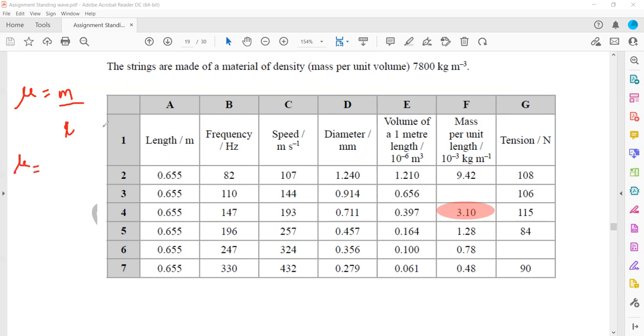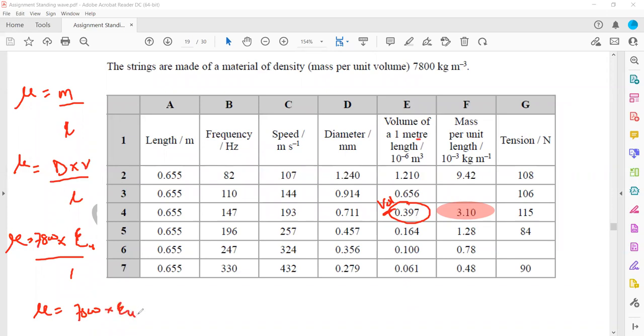We know the density multiplied by volume and divided by length. If you check, this is a volume of 1 meter length. So this column is giving us the volume, and this cell is E4. So E4 multiplied by density 7,800, divided by length, because that is the length of 1 meter. That's why it is divided by 1. So mu is equal to 7,800 multiplied by E4. Clear?